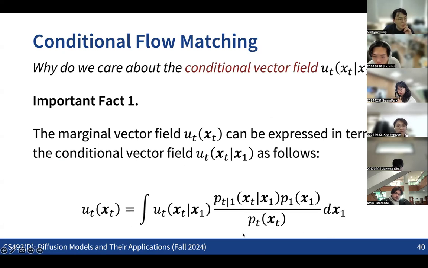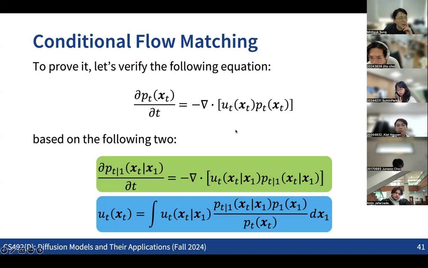So we see a connection with the marginal vector field, which was something we really wanted to get, with the conditional vector field that we defined based on a specific form of the conditional probability path, right? We are not going to see the details of exactly how to prove this, but we are going to quickly see how we can verify this based on those formulations.